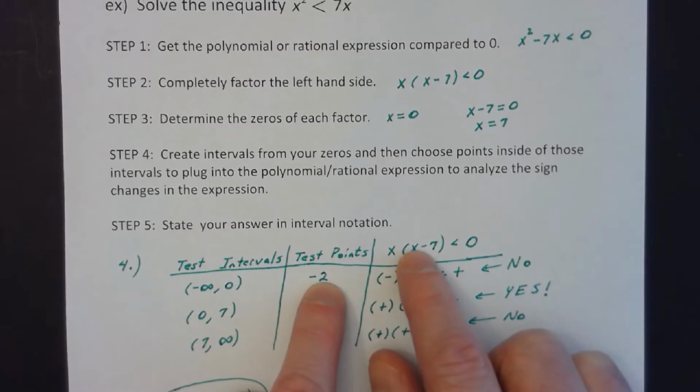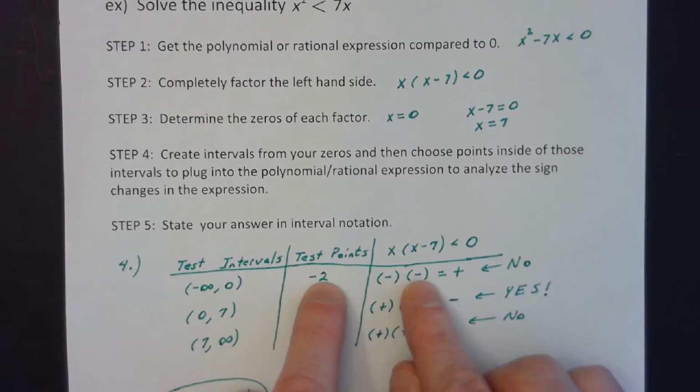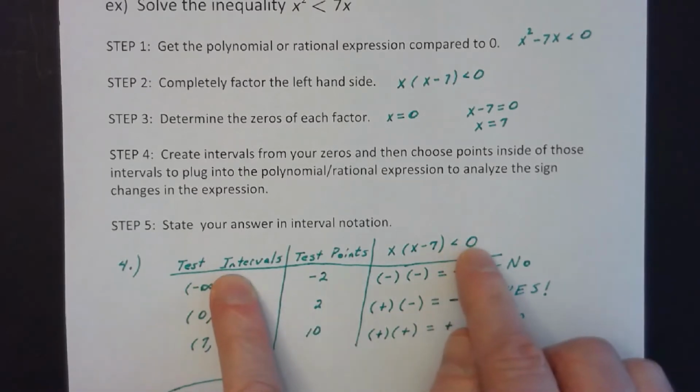It would make the second term negative 2 minus 7, which would be negative 9. Notice I don't need a negative 2 times a negative 9. All I need to know is that it's a negative number times a negative number. The product of any two negatives is a positive. I automatically know that this region cannot be a solution, and the reason it's not a solution is because it's positive. There's no positive number in existence that's less than 0.